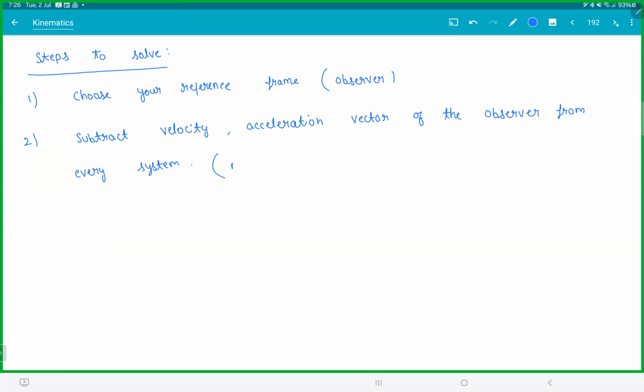Now when you do this, the observer will suddenly start behaving like a fixed point, at rest. So this is the only new thing. Once you've done this, then use kinematics equations to solve.